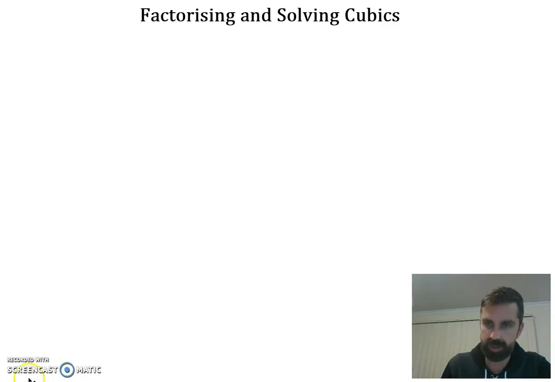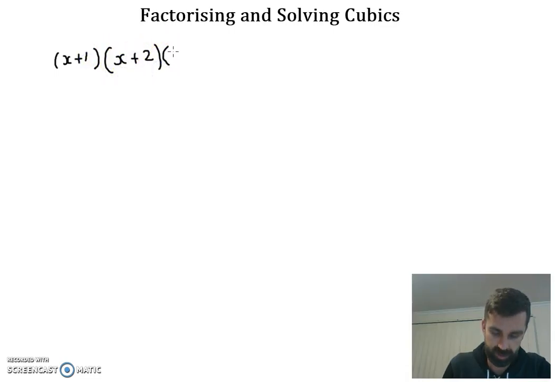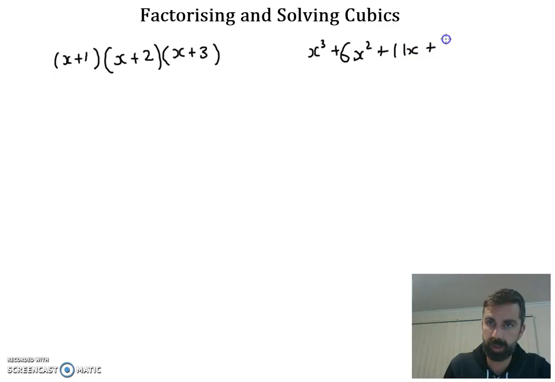So just to go over a couple of bits of terminology again. Just remember, if you've got something that looks like this, x plus 1 times x plus 2 times x plus 3, and you turn it into something that looks like this, we call that expansion.